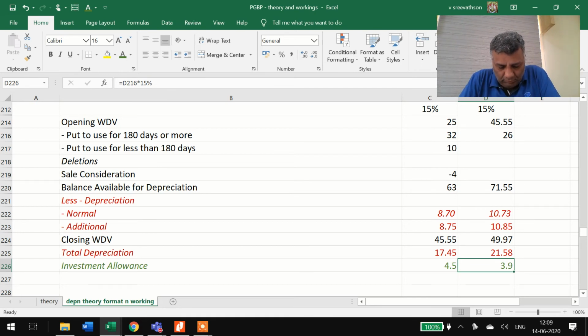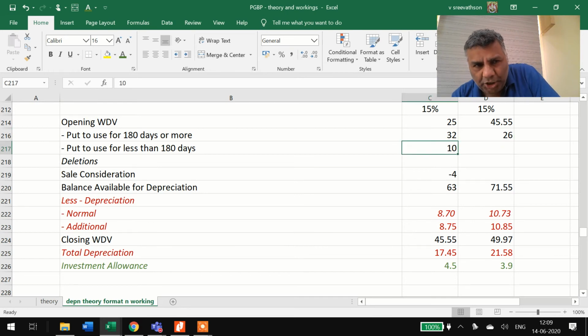So second year additional depreciation is 10.85: 26 into 35% plus 10 into 17.5%. Last year I claimed only half of the eligible depreciation. The remaining half I will claim this year, so 10 into 17.5%.